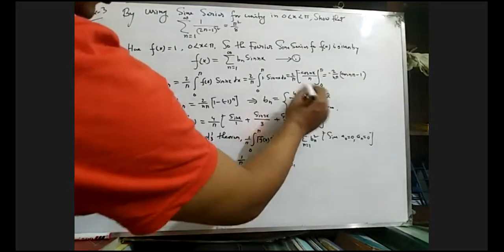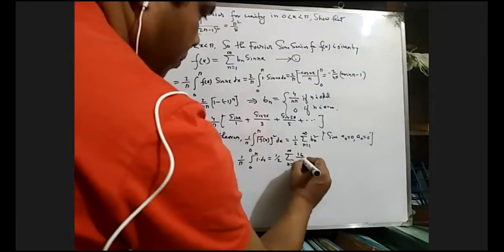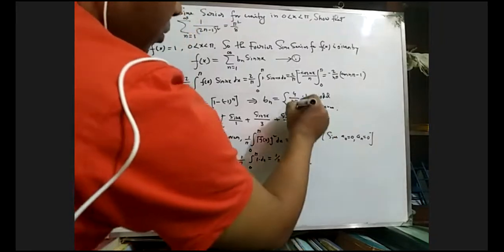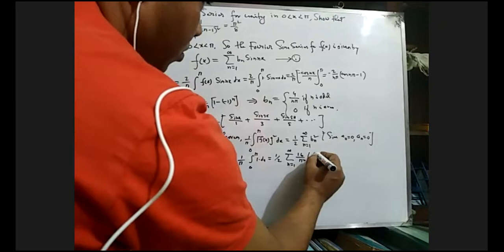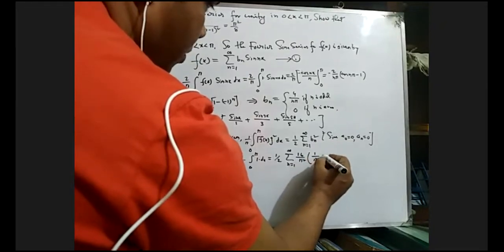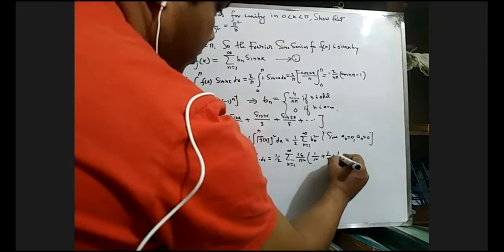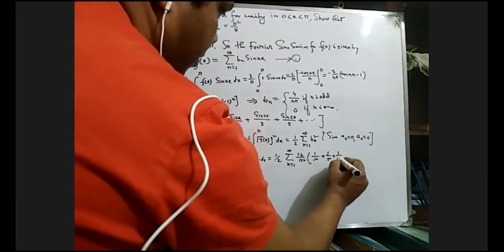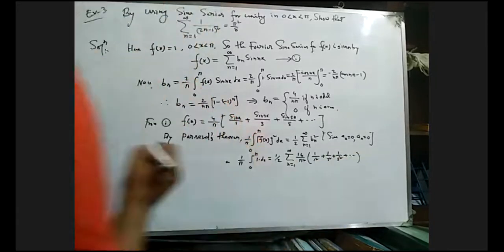What is bn square? 4 square means 16. So 16 by pi square will be common from every term. So for n odd, 1 by 1 square plus 1 by 3 square plus 1 by 5 square plus dot dot.